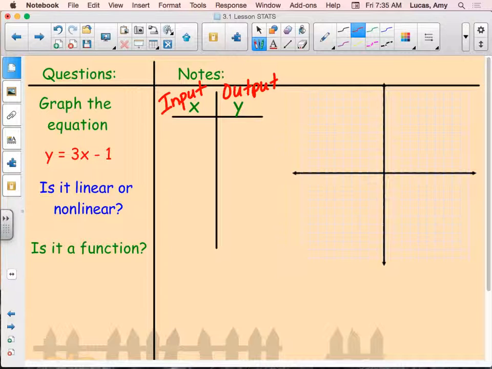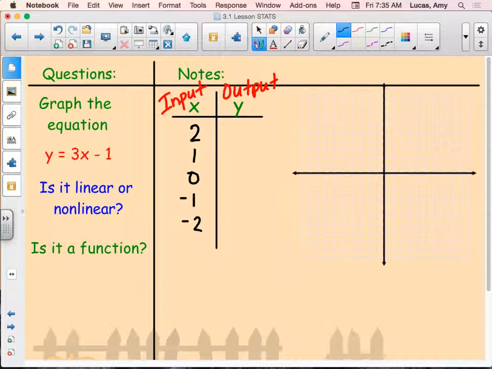So I am going to go with my favorite 5 numbers, 2, 1, 0, -1, and -2. If you choose really large values for your input variable, you'll end up with a really big graph. And I don't want to draw a really big graph, so I'm just going to stick with a couple positive, couple negative, and 0 for most of these.